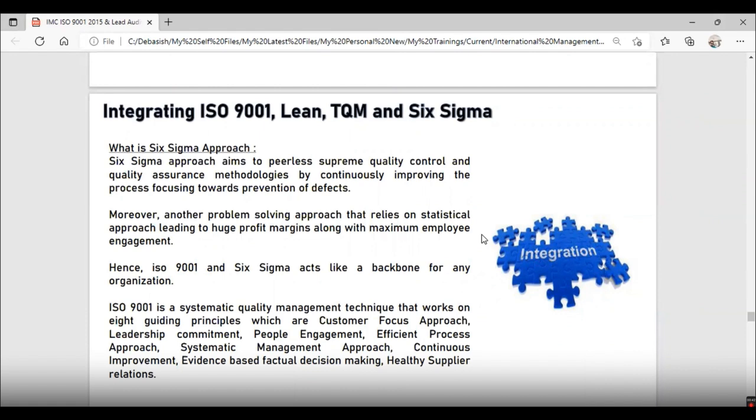To understand this, let us first understand what exactly the Six Sigma approach is. The Six Sigma approach aims at peerless, supreme quality control and quality assurance methodologies by continuously improving the process, focusing on prevention, reduction or removal of defects and problems, and also reduction of variation.